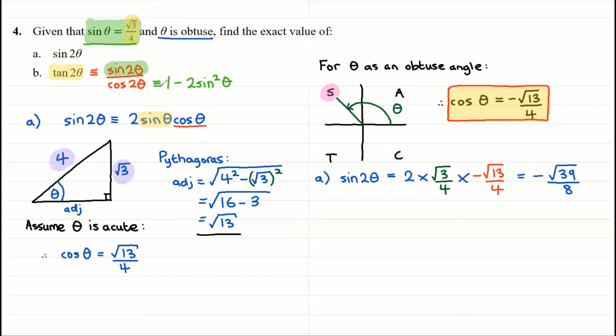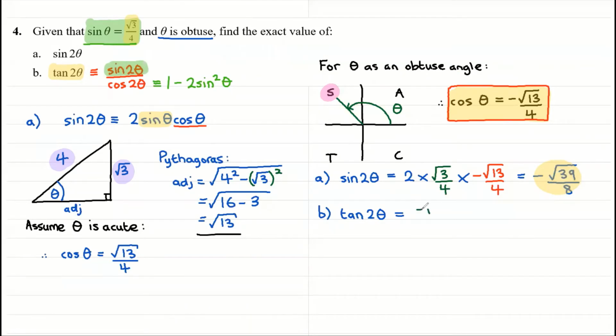So for part B, we can just sub in, again, all the values. So the tan of 2 theta is going to be equal to the sine of 2 theta, which we've just found from part A. So I'm going to use this number. Let's plug it in.